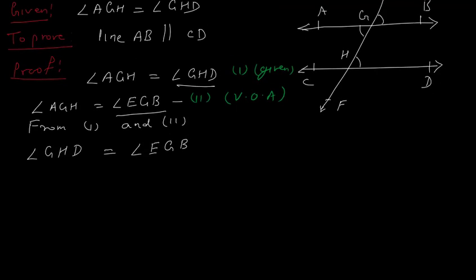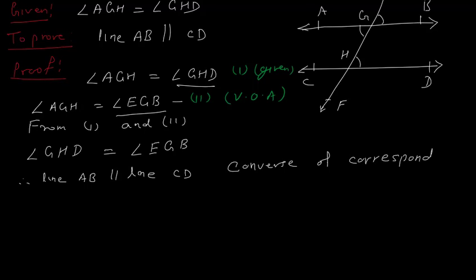So as these two angles are corresponding angles, I will say that therefore line AB is parallel to line CD. The reason is converse of corresponding angle axiom.